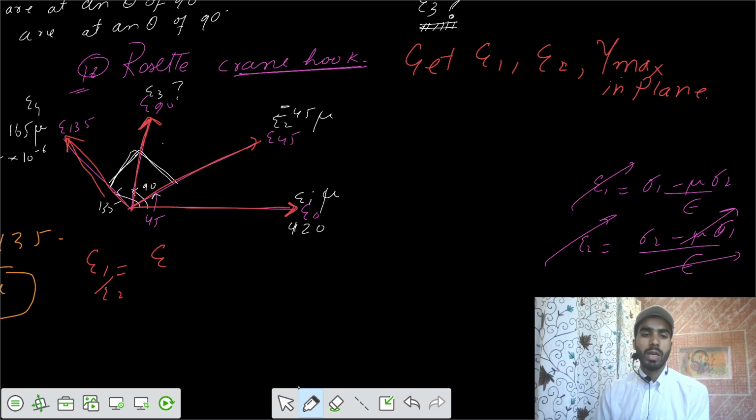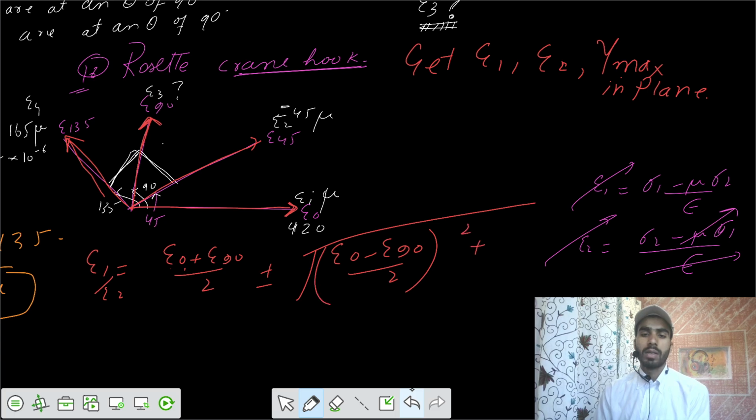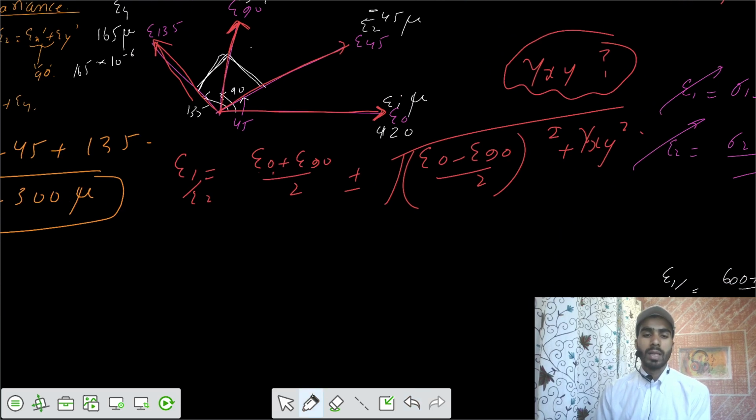Let's keep the expression in terms of theta: E0 plus E90 by 2, plus minus the square root of E0 minus E90 by 2 whole square plus gamma xy whole square. I know the values of E0 and E90, but I don't know gamma xy. So for that we calculate Ex dash first.